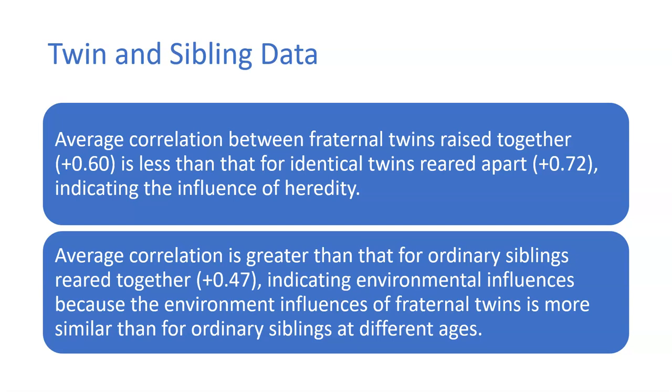What that suggests is that you were born at the same time, you were raised by the same people in the same environment, and that kind of flattens out the environmental impact. Whereas for ordinary siblings who are raised in the same place, having the same kinds of environmental exposures, but they're separated by time, the type of environmental exposures differ. So they're going to have different kinds of impacts at that time.